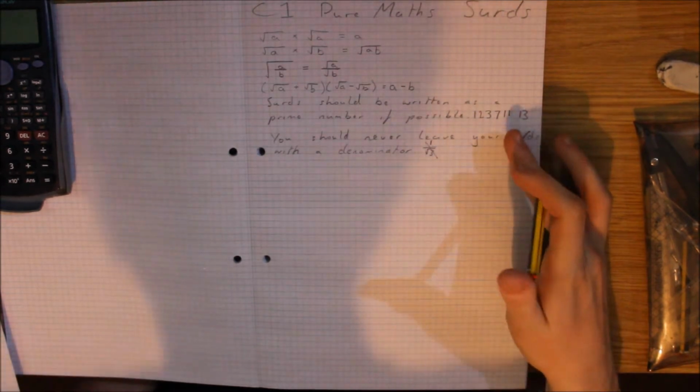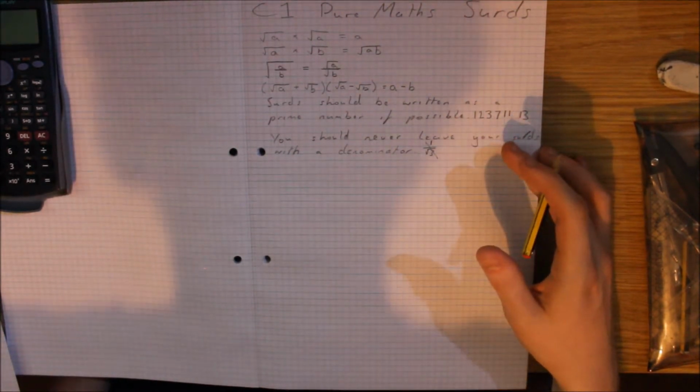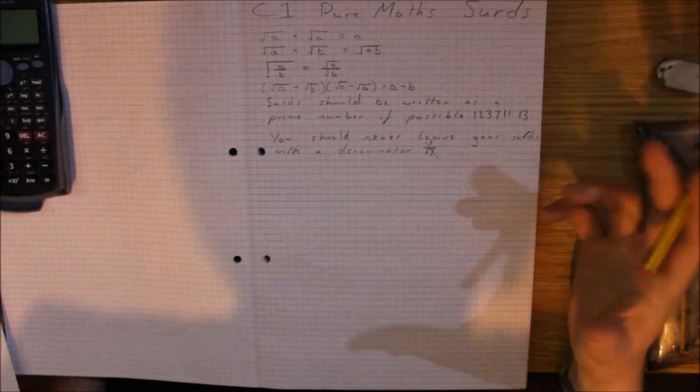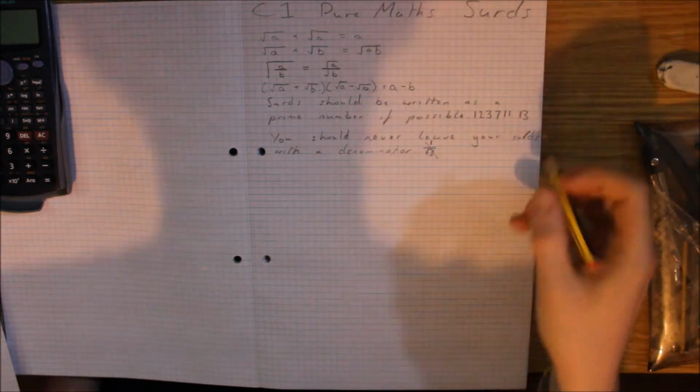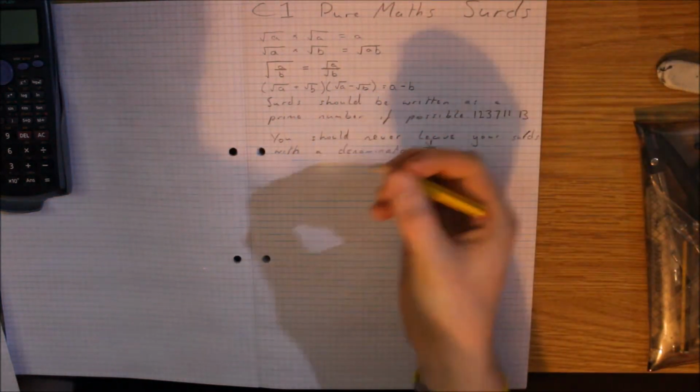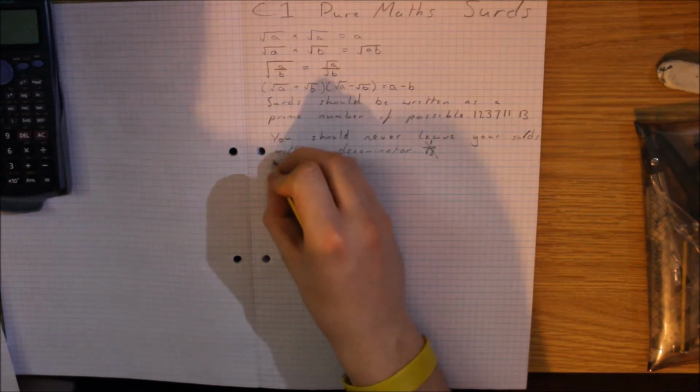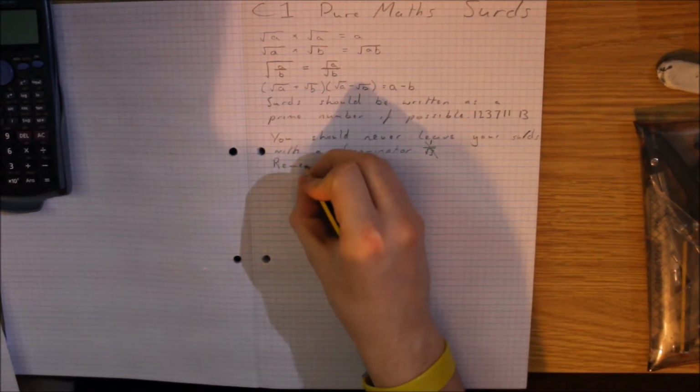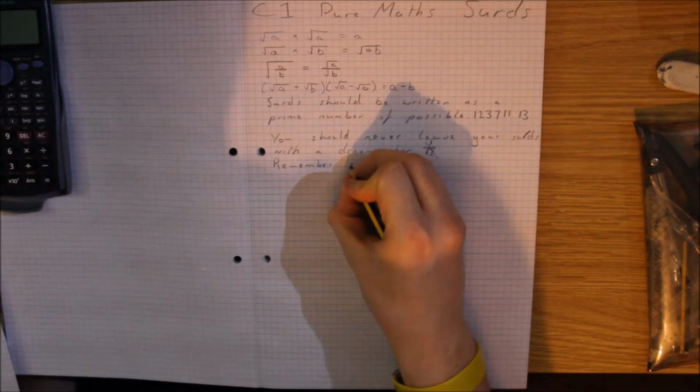While we're at it, you should always keep in mind squared numbers. I would personally recommend learning the first 20 squared numbers. So just quickly remember squared numbers.